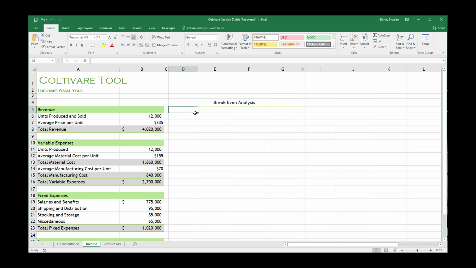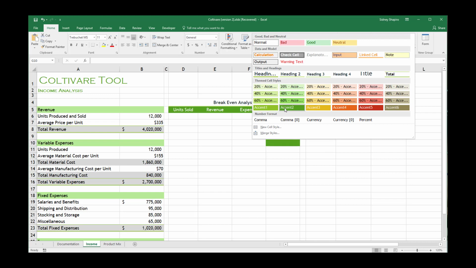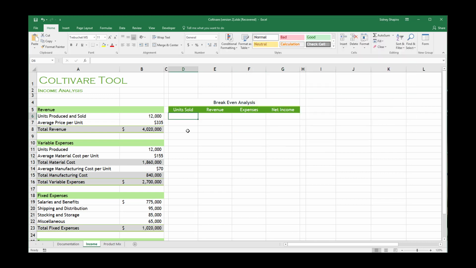In D5 to G5, so now we're in D5 to G5, we're going to put in units sold, revenue, expenses, and net income, and I gave it the Accent 2 color. Next, in D6, we're going to put in =B6.